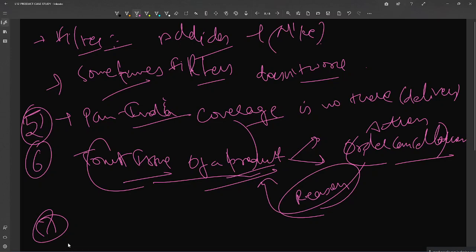I didn't get the trust issues point. Sometimes what happens is, let's say you try to buy an AC from Amazon, but the quality of the AC was not good. They have sent you the AC in a non-working condition.